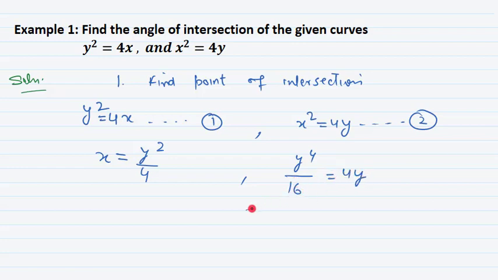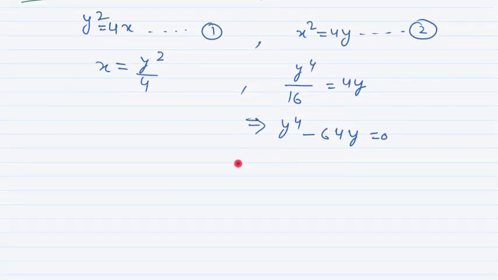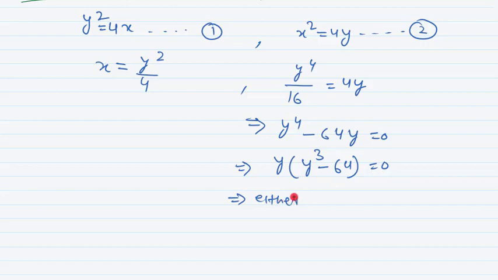Further you can simplify it as y power 4 minus 64y is equal to 0, which gives you two values of y, because we can take y common from here. It is y into y cube minus 64 is equal to 0, which implies either y is equal to 0 or y is equal to 4.